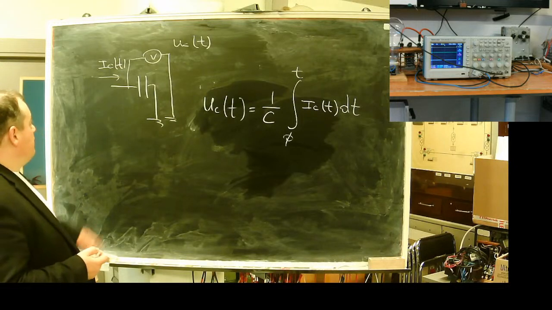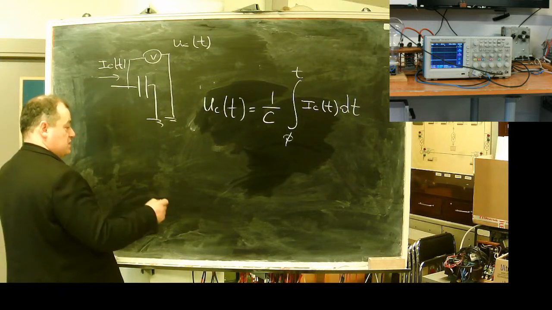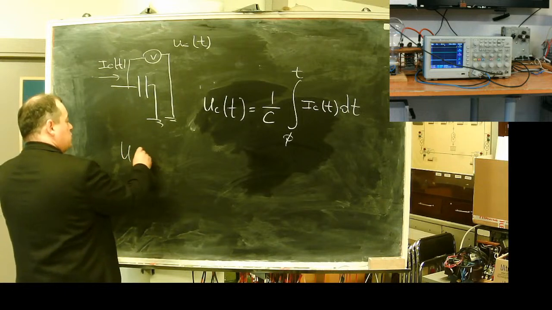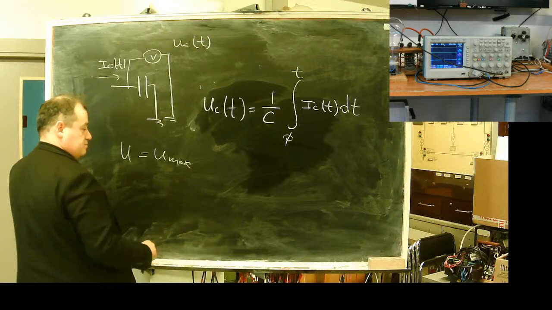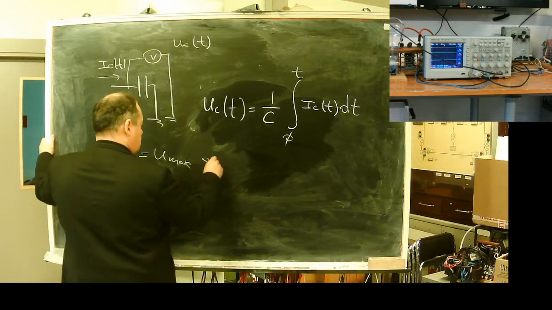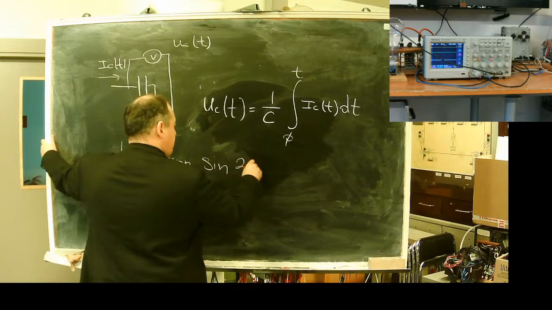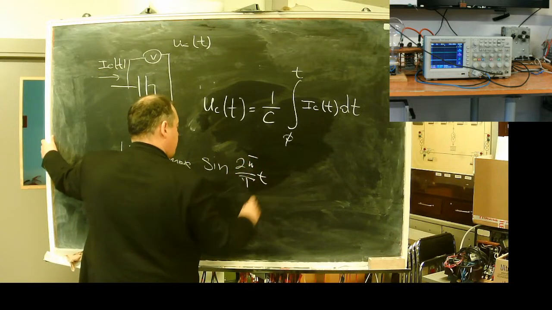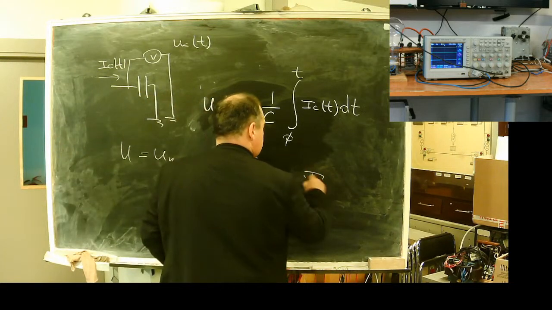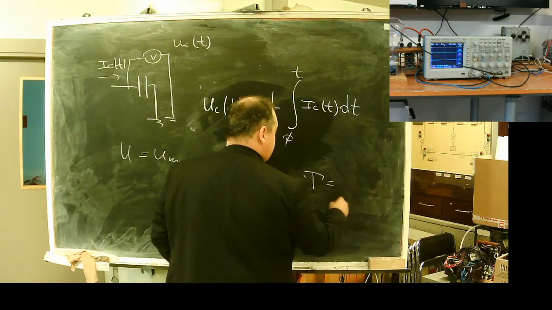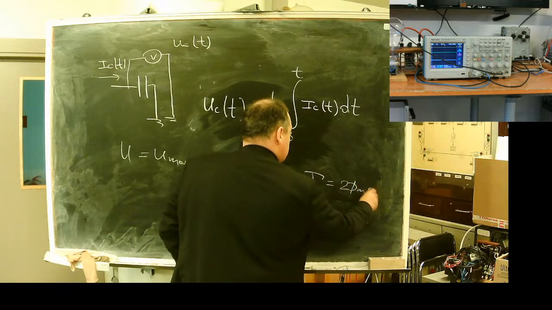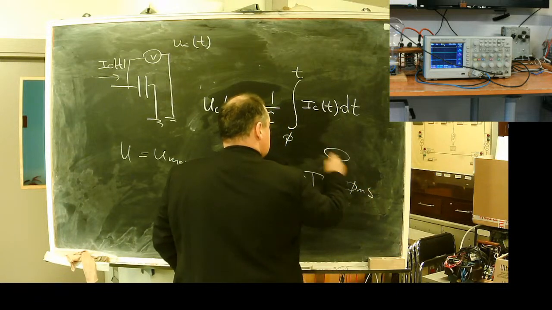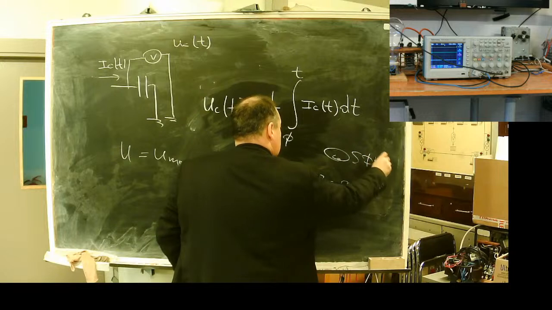If we have an applied sine voltage, the voltage is something like U max sine omega t, where the period at 50 hertz is 20 milliseconds.